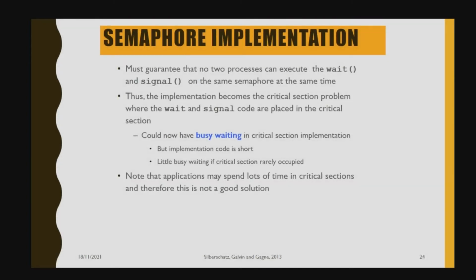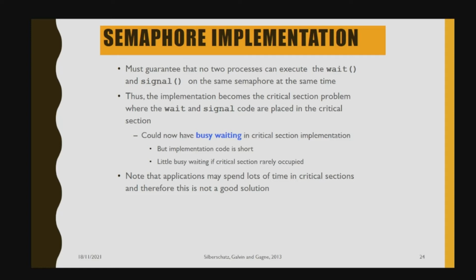In the semaphore implementation, we must guarantee that no two processes can execute the wait and signal functions on the same semaphore at the same time. So we use this mechanism to guarantee that.